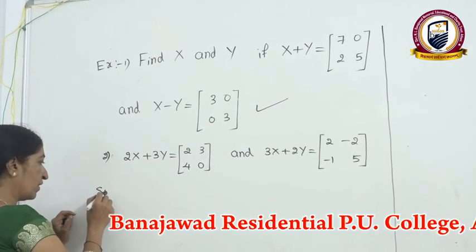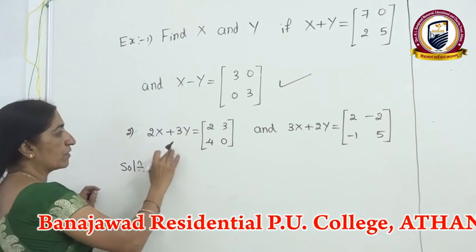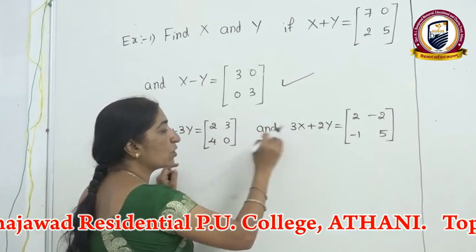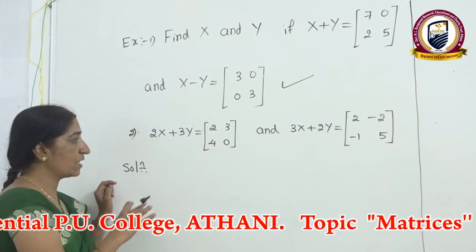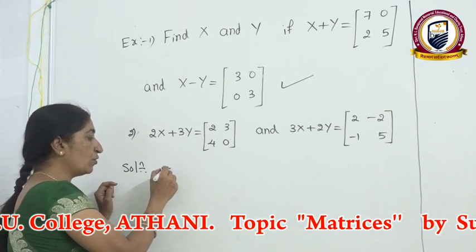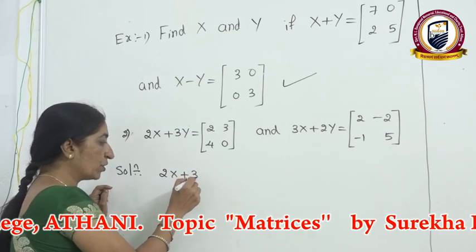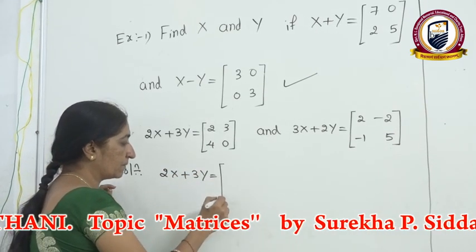See, in the second one, again 2 equations are given for you. Two equations and two variables, what do you get in your mind? We are getting just like simultaneous equations. Write down the equations one below the other like this.